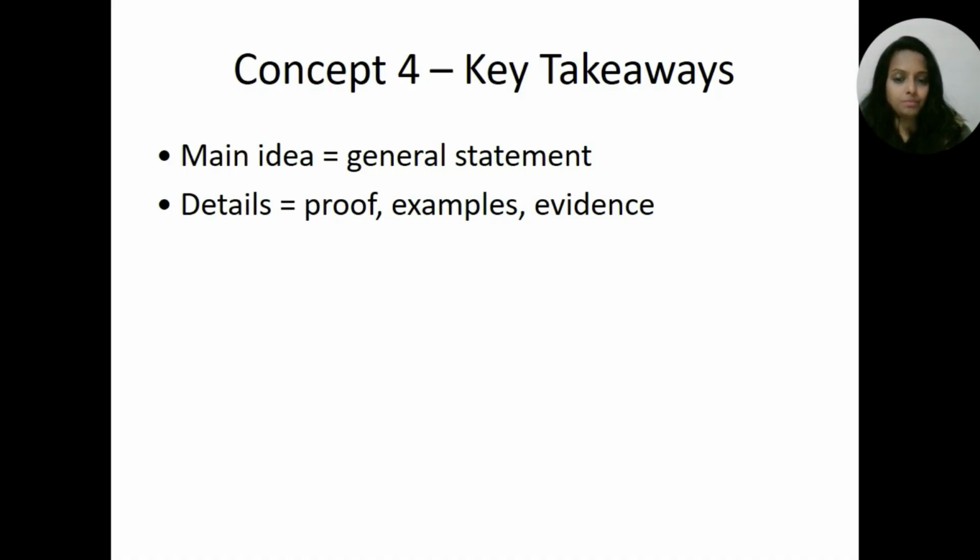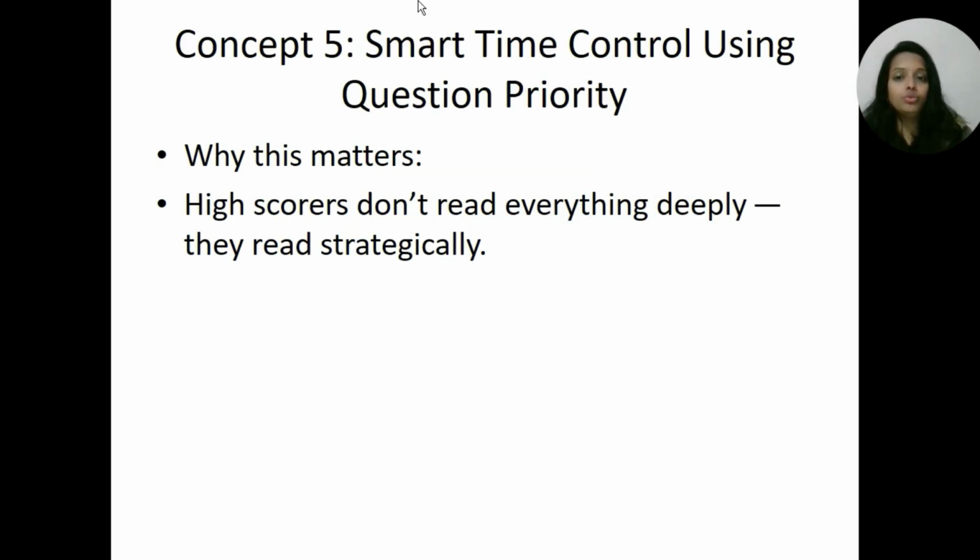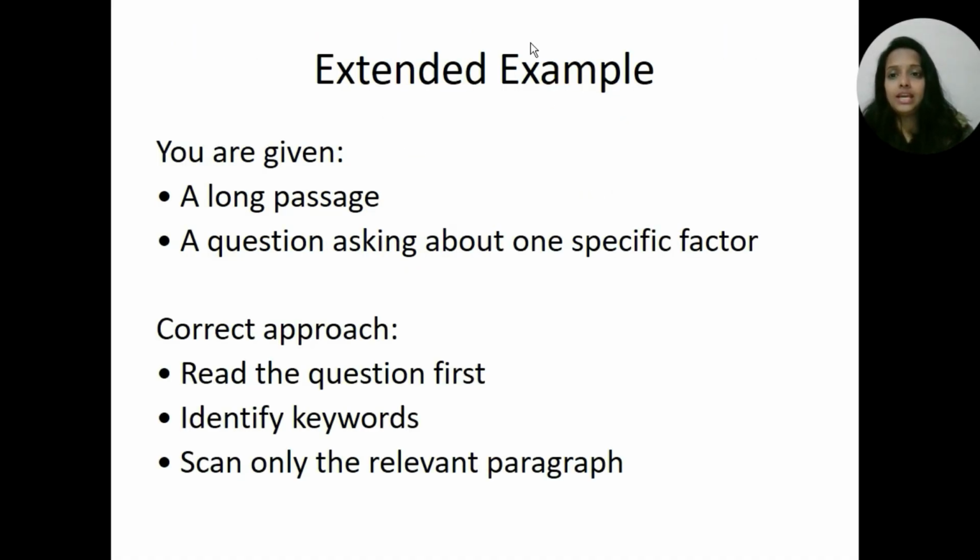Now the next concept is smart time control using question priority. Why this matters is that high scorers don't read everything deeply, they read strategically. So remember that. Here is an example. You are given a very long passage, and the question is about one specific factor.